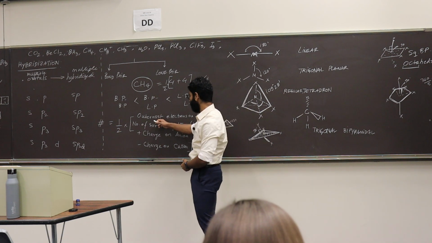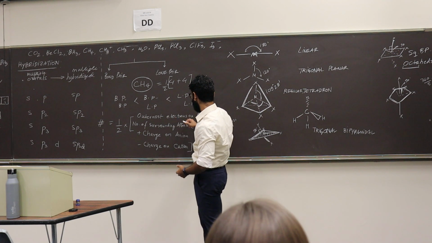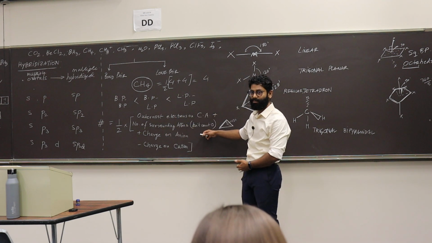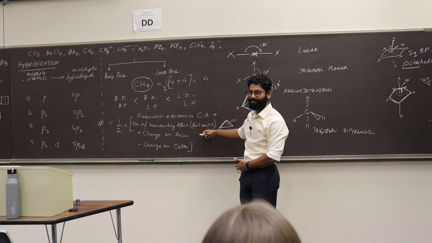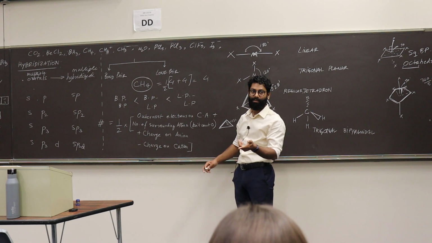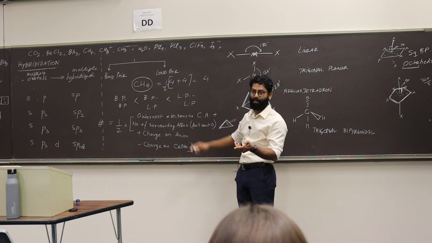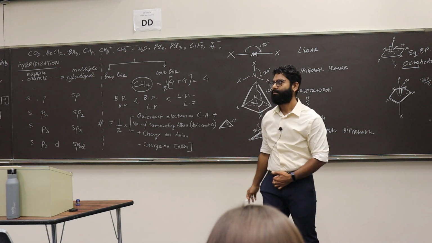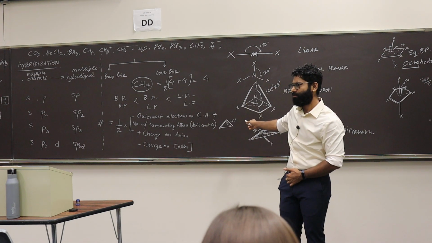So carbon is 4 plus number of surrounding atoms. Don't count oxygen. So there's just 2? It's 2. So what's the shape? Triangle. For 2? Linear.